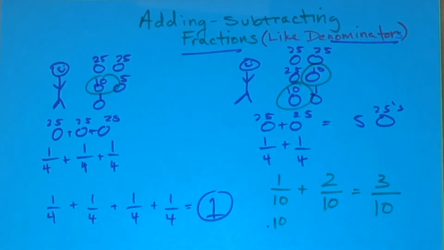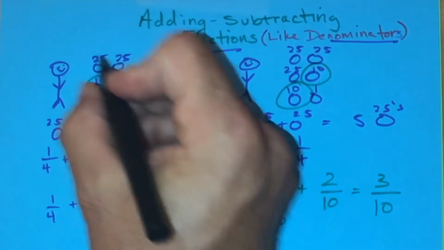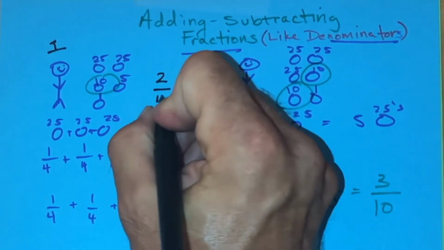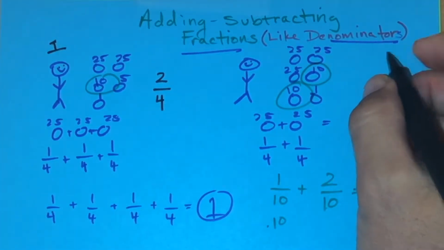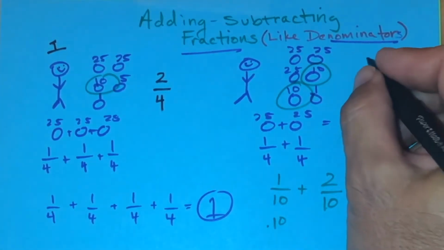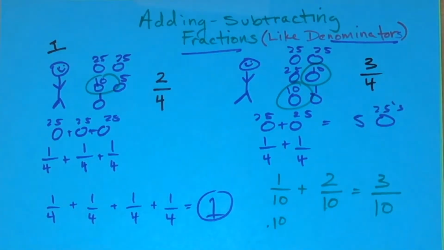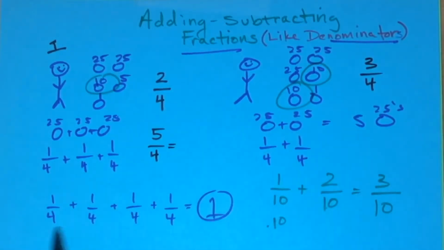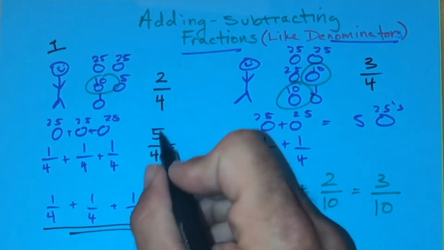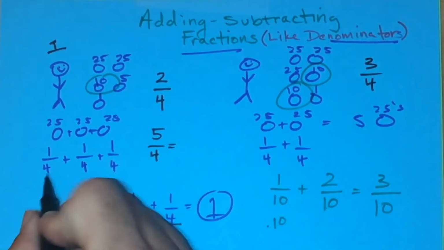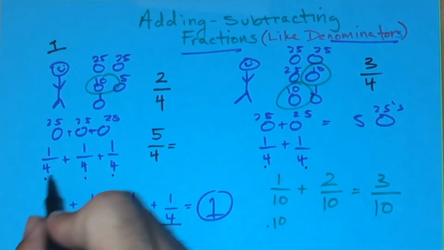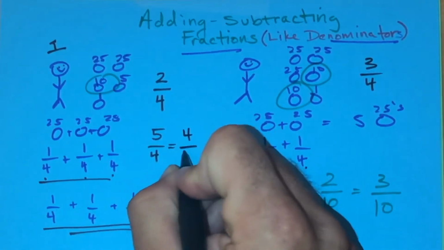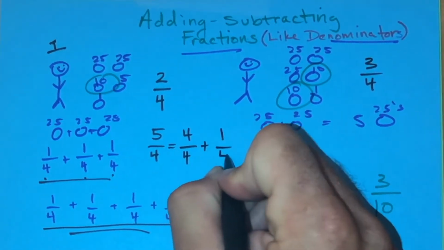And I could have done the same with the quarters, saying, okay, person 1 has 2 quarters, and this person here has 3 quarters. Altogether, they have 5 quarters. And if we see here that 4 quarters make a whole, and this is made up of 1, 2, 3, 4, 5 quarters, well, I have 4 quarters here, plus the 1 quarter left over.